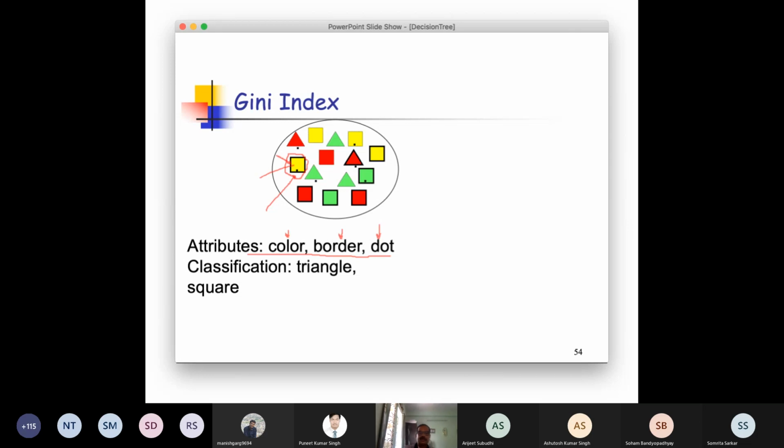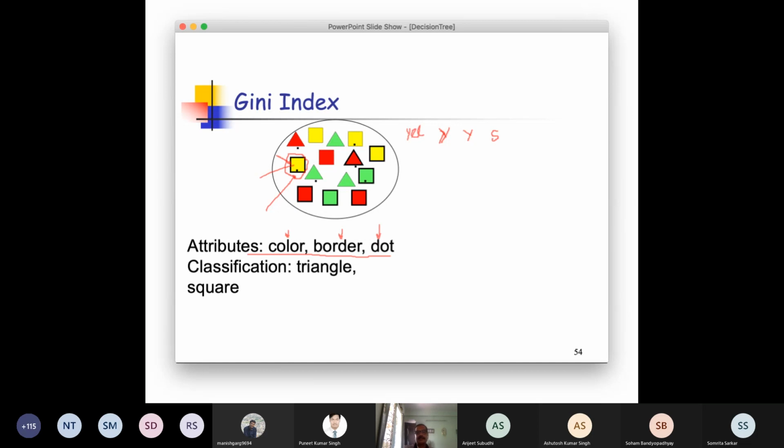They are shape. So if I convert this training example into textual form, I will write: attribute color is yellow, border yes, and dot yes, and the label here in this case is square, so the label is S. Is it clear?